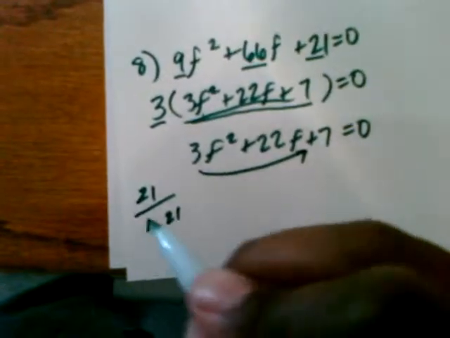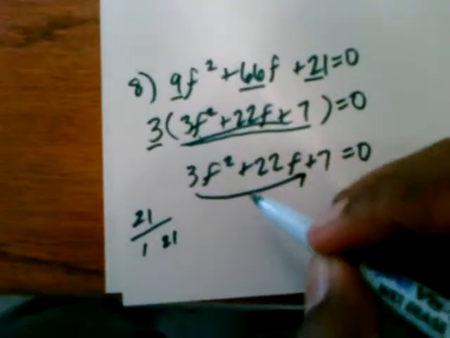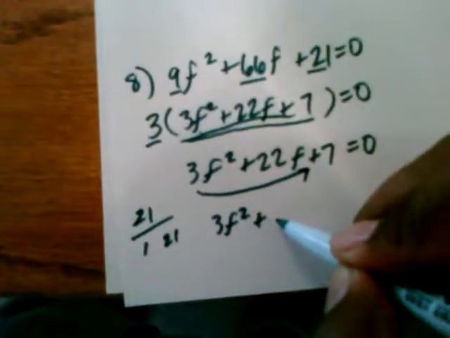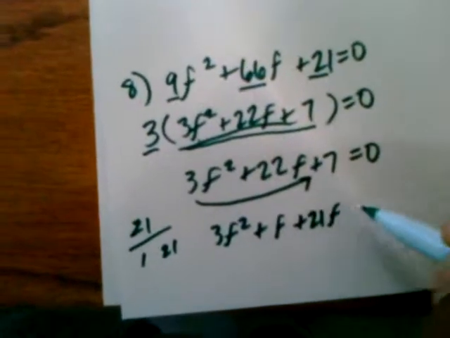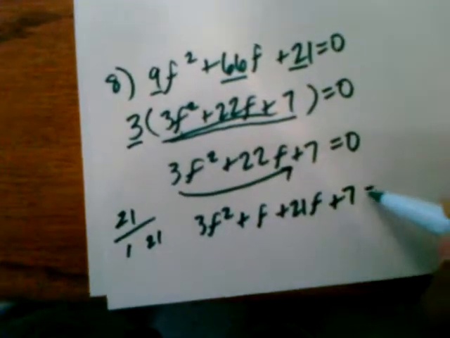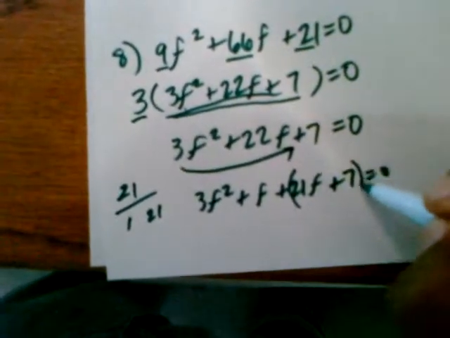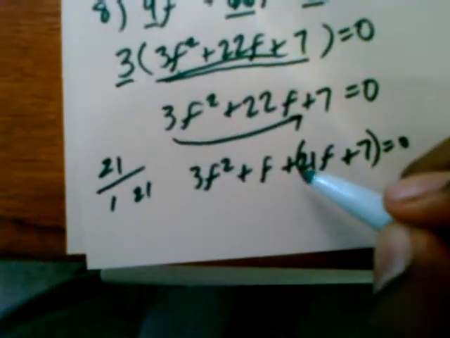1 times 21, we could stop there because 1 plus 21 is 22, and they're all positives here. So I'm going to say 3f squared plus 1f, which is just f, plus 21f plus 7 equals 0. Factor using grouping. I don't have to remember that there's a positive sign there this time, or that I'm using addition this time, because there's no negative sign.